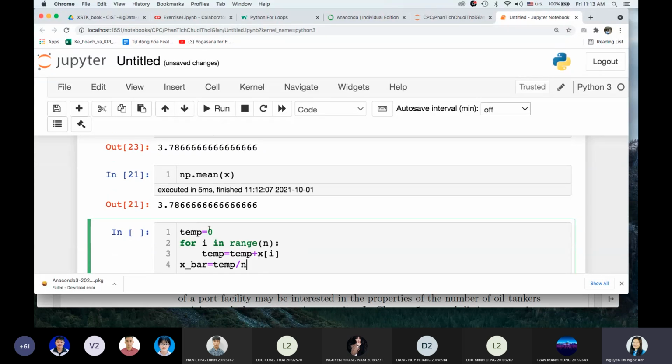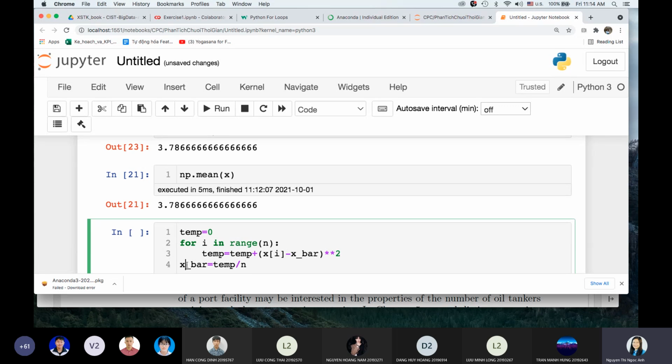So for the sample variance, I assign the temp variable equals 0, for i in range n, temp equals temp plus (x minus x bar) squared, right?